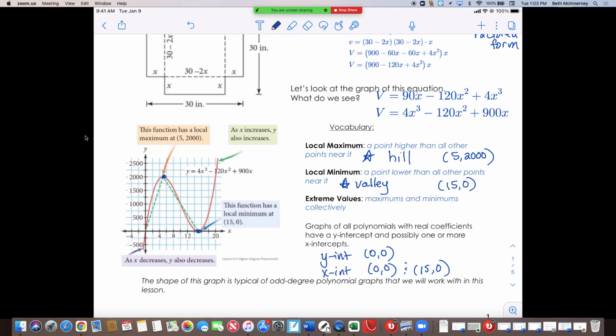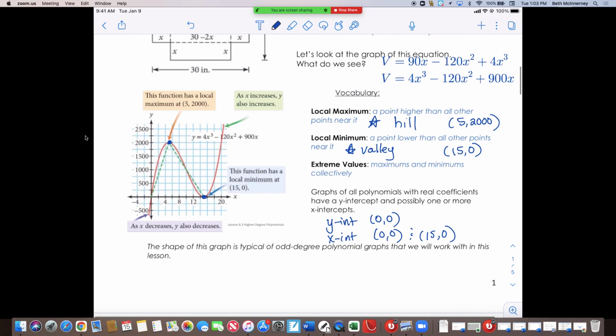So let's write something down here. Global extreme values are the highest or lowest of the entire graph. So let's jot this down.